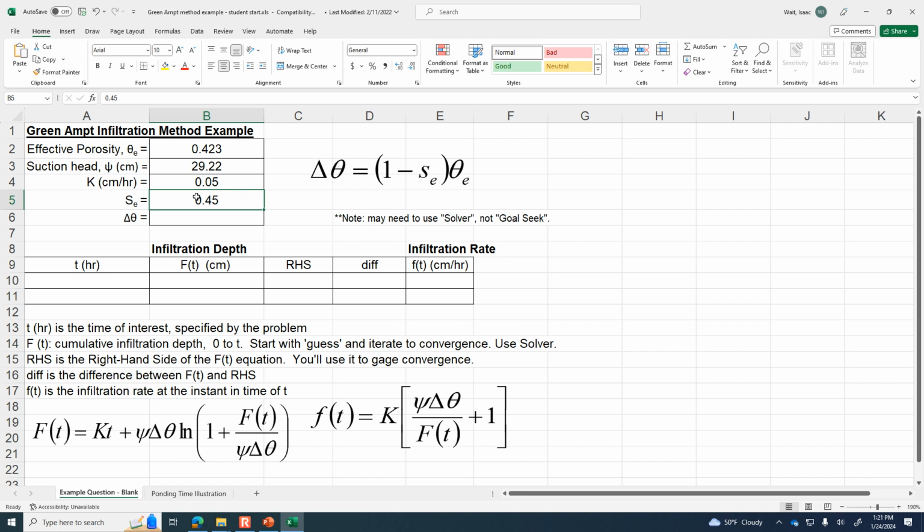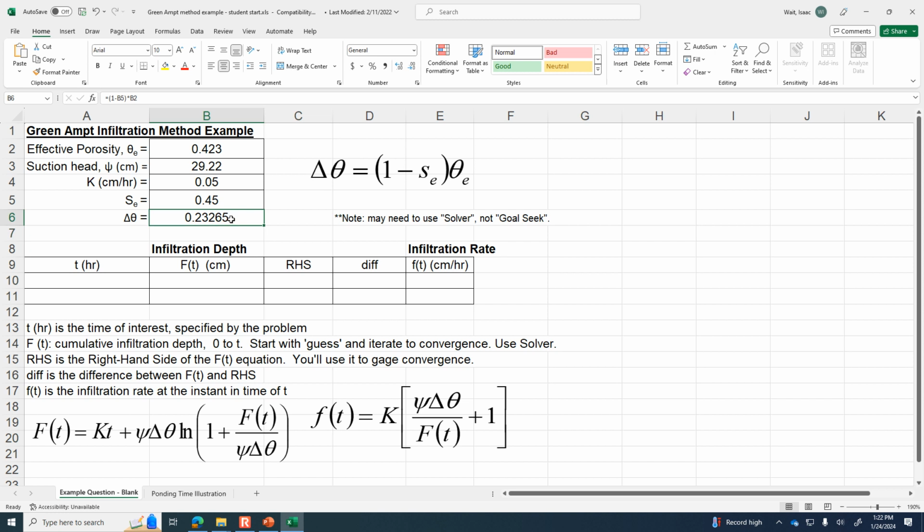Delta theta tells you how much additional water can go in, expressed as a fraction. So the formula here is 1 minus the effective saturation, multiplied by the effective porosity, which gives 0.232.